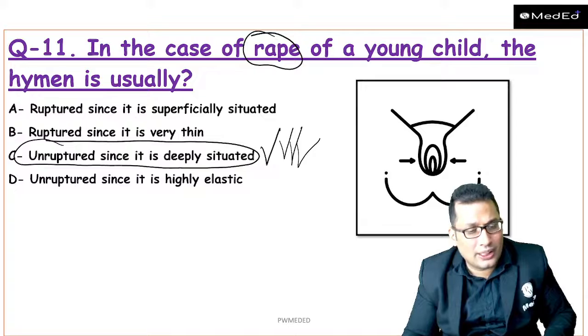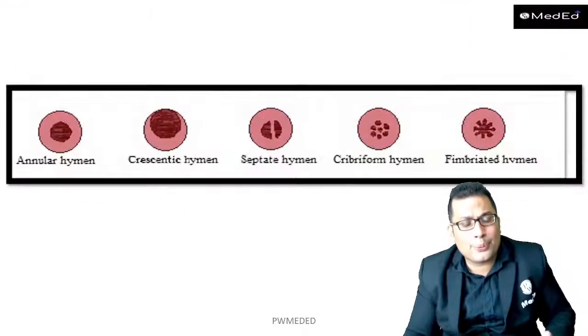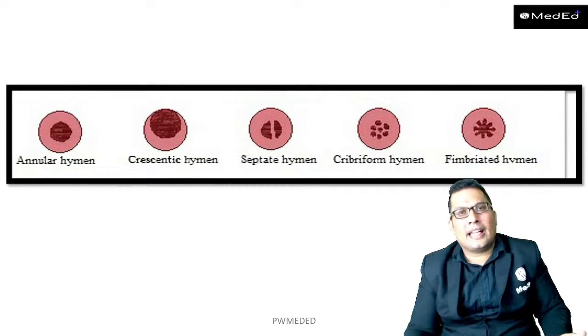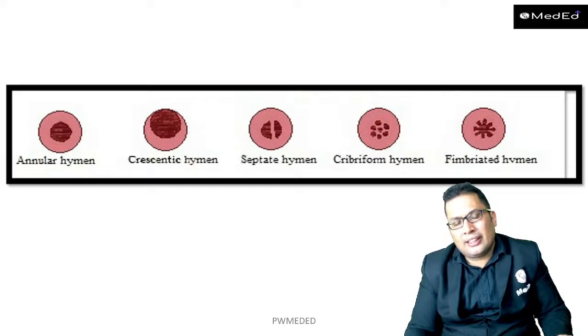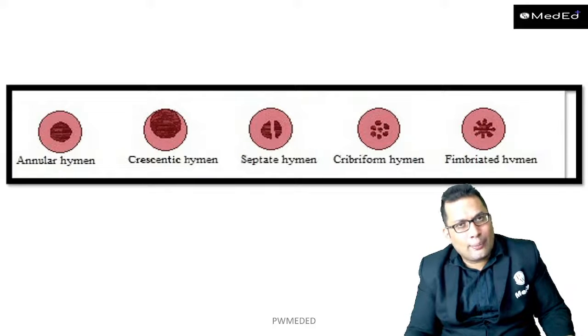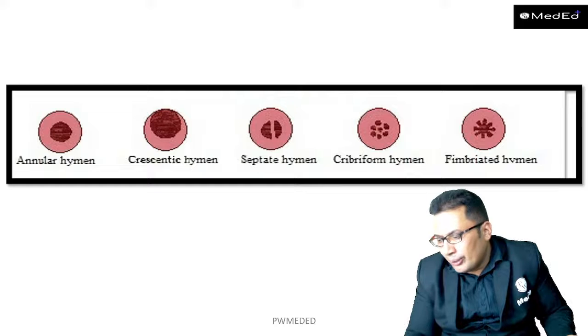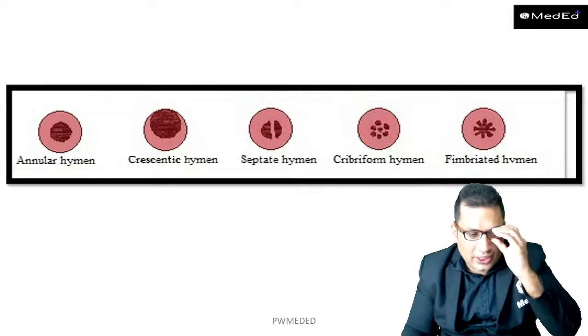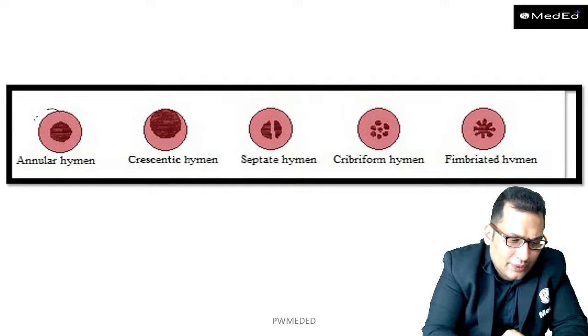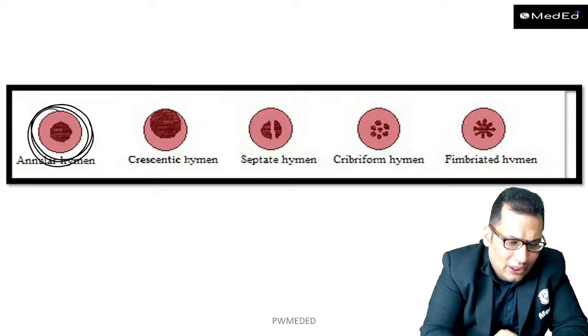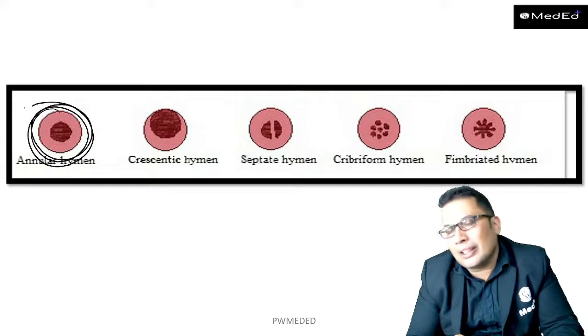Let's see some MCQs related to this. Types of hymen: annular hymen, crescentic hymen, septate hymen, cribriform hymen, fimbriated hymen. In the annular hymen, there will be a central opening.